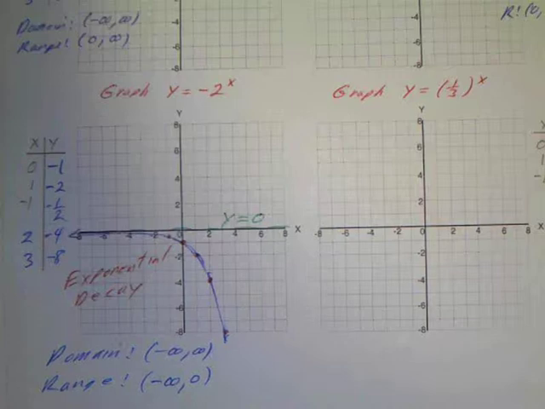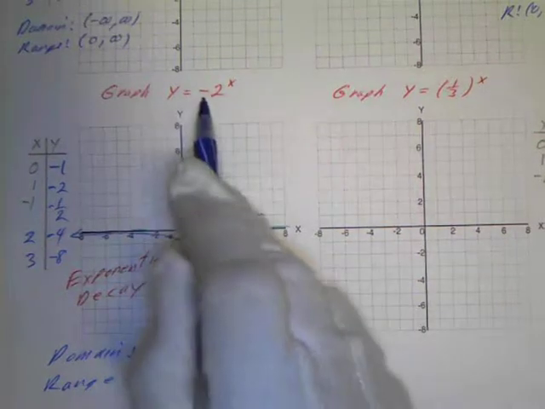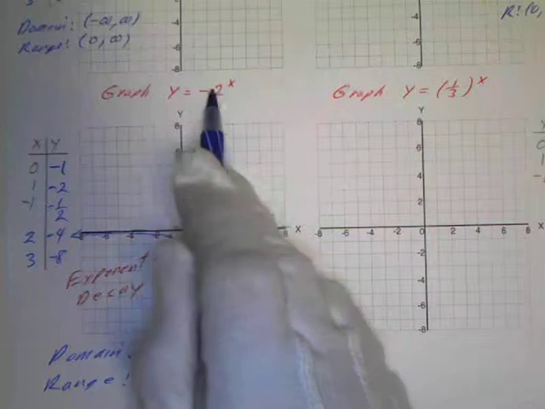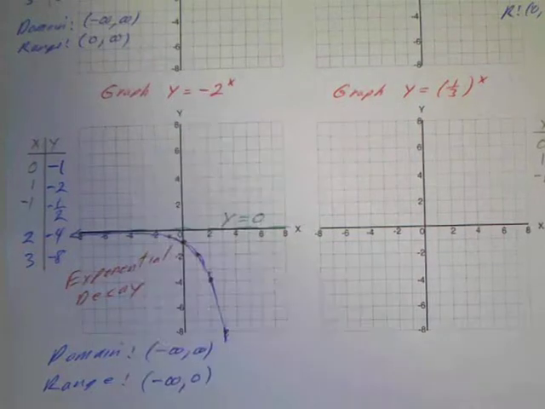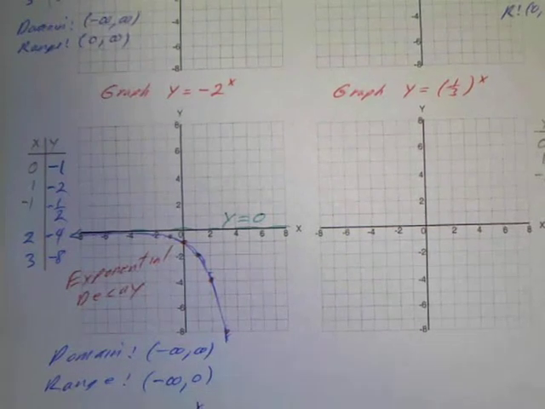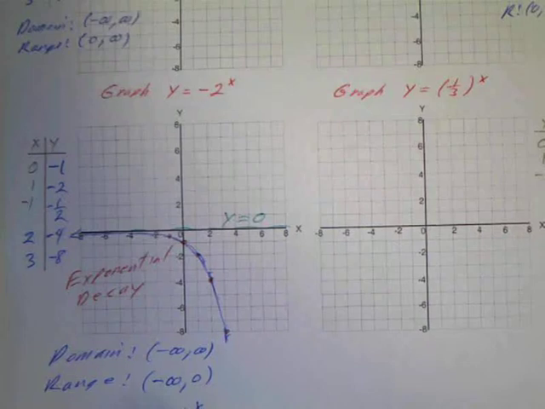So that's exponential decay. Now in this case, remember the number that's in front of the base is the a. In this case, a is negative 1. So remember, we have these forms y equals a times b to the x. And in this case, it's y equals negative 1 times 2, and I guess I could put the b in parentheses, 2 to the x.